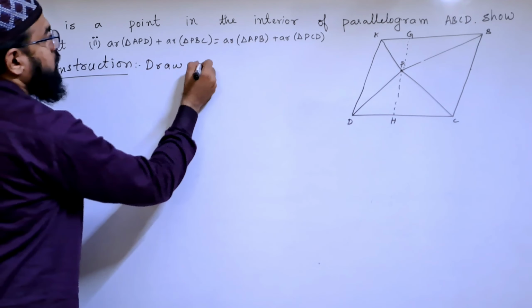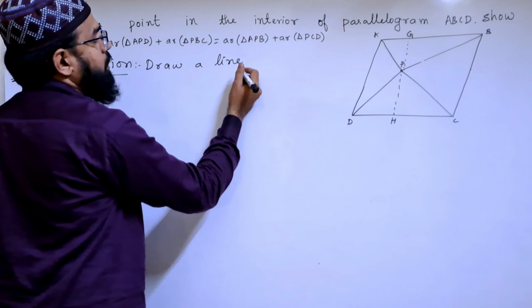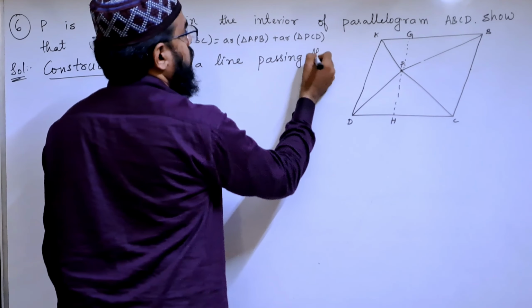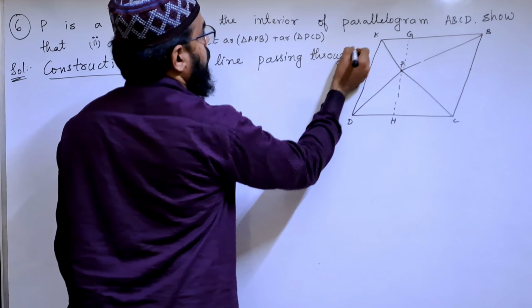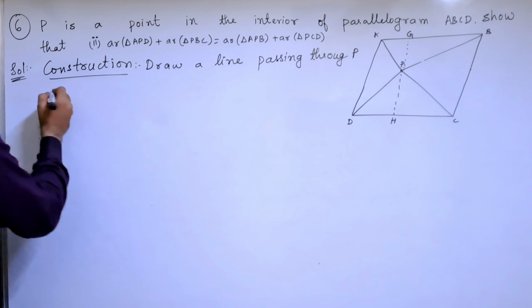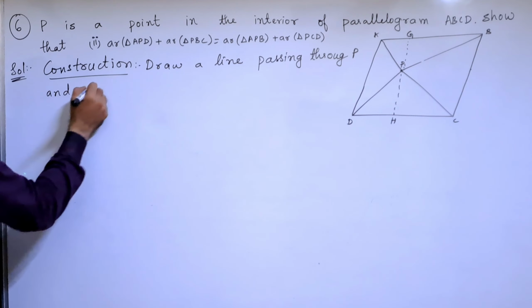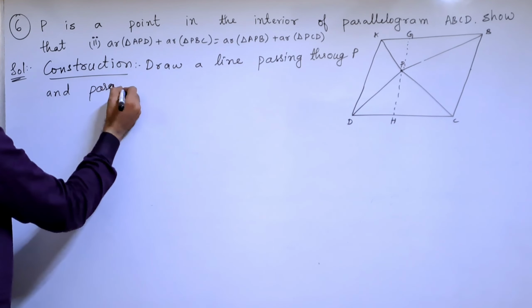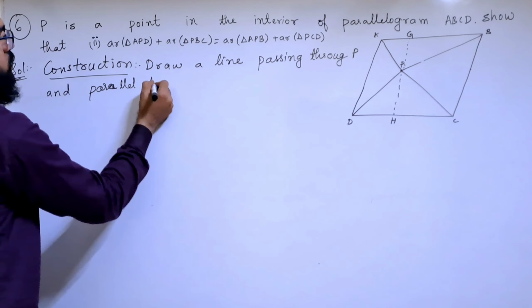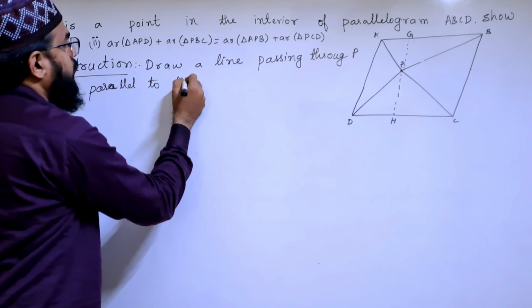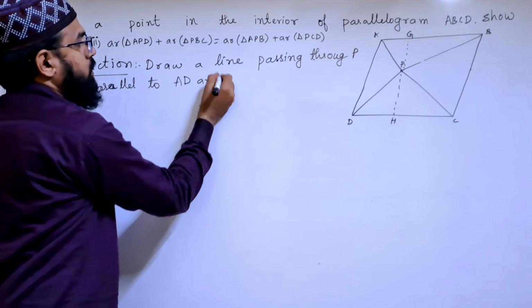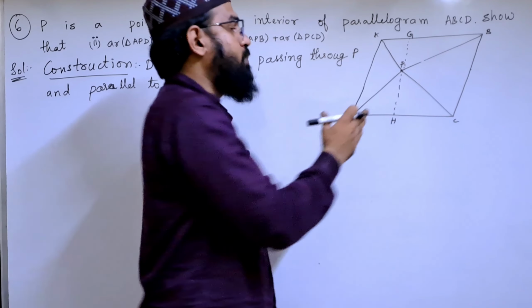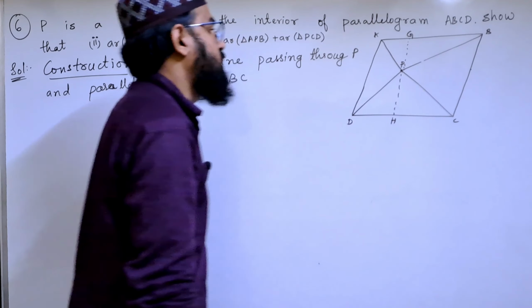Draw a line passing through P and parallel to AD and BC.